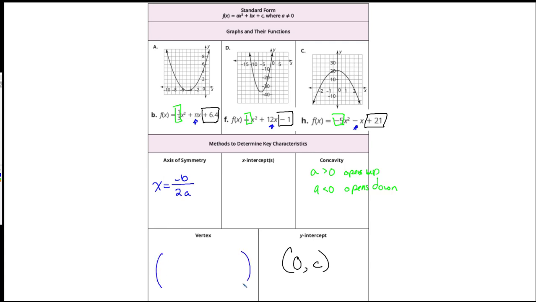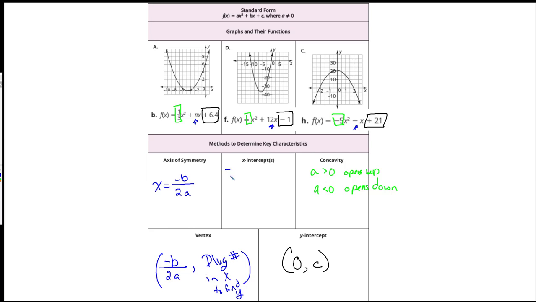Then you can find your vertex by taking that same number, negative b divided by 2 times a, and then to find the y value, you're going to plug that number in for x to find y.